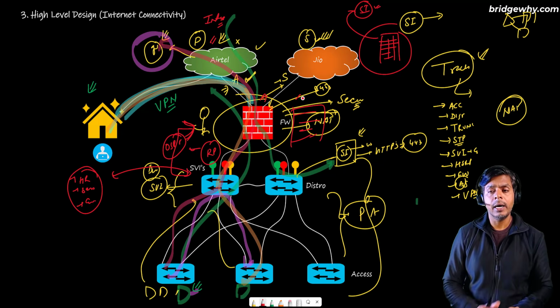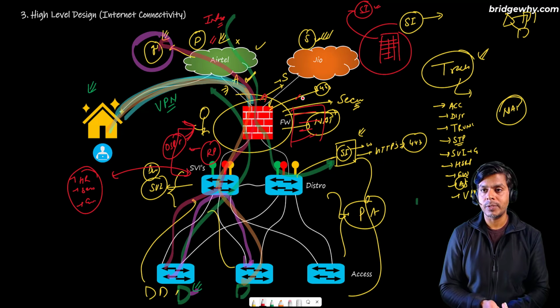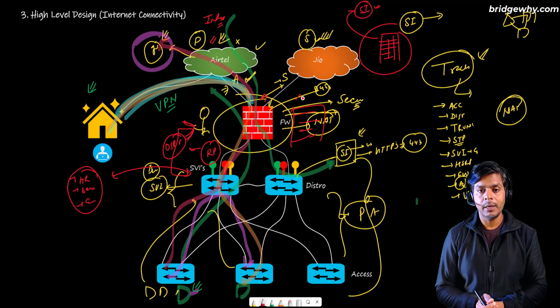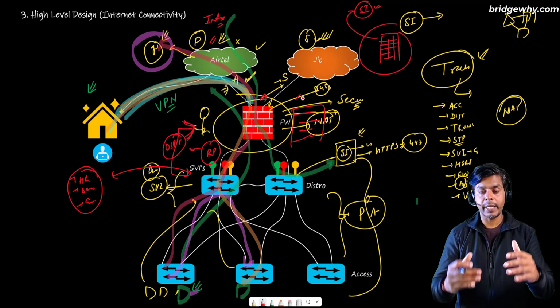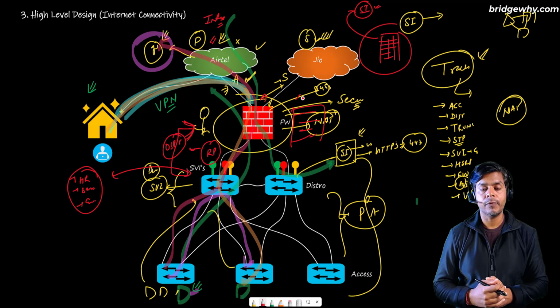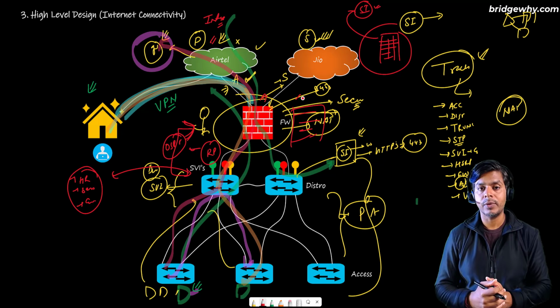For example, a small network can be of 10 people also. A small network can be of 50 people also, right? But the design is going to change. A small network can be inside one room, or maybe within three different floors of the building. If there are 3 different floors, we need to put one switch on each floor, right?